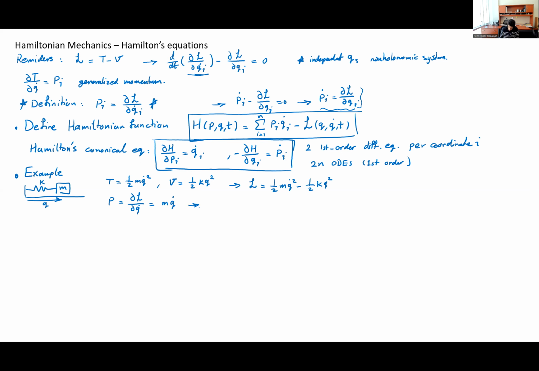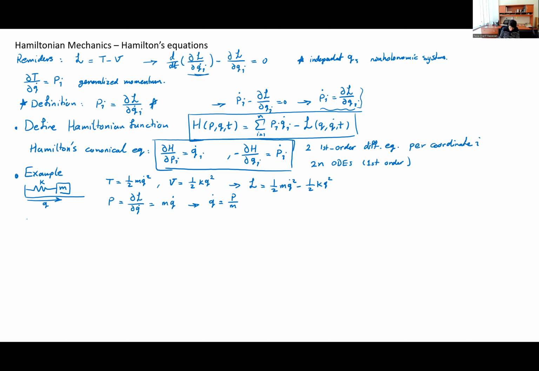So let's do that. I have q dot here, and a q dot will show up here, so I have to remove that. From this definition, p equals m q dot, I know I can write q dot as a function of p as p over m.